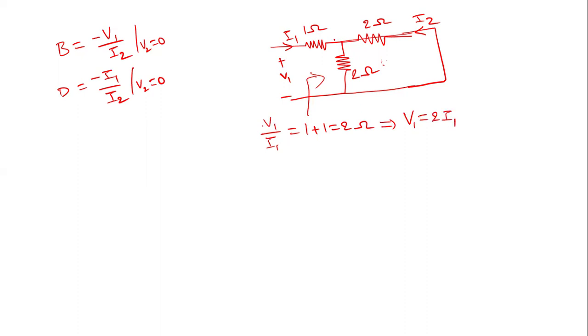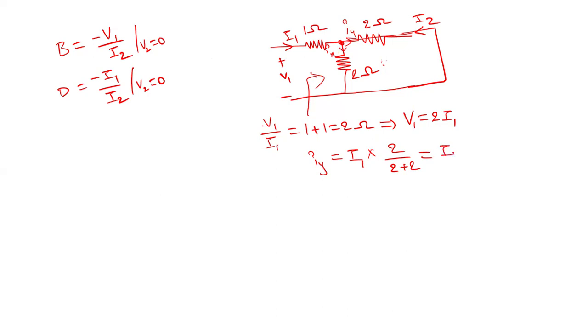Now let us find the relation between I1 and I2. Apply current division; consider this is Iy and this is Ix. Iy is, applying current division, the entering current I1 into the opposite resistance, 2, divided by the total resistance, 4 ohms.